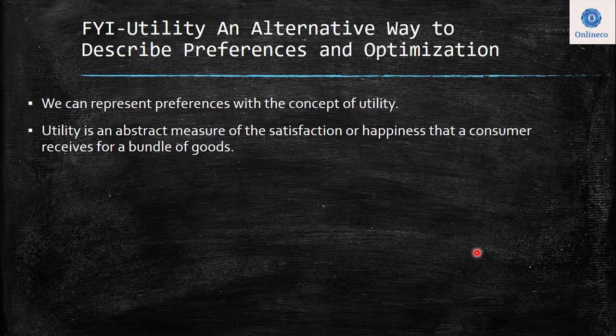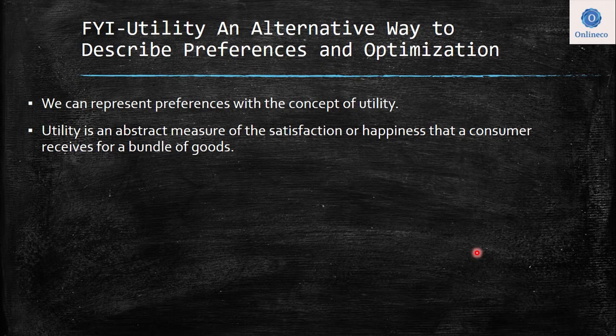Utility is something abstract. I cannot compare the utility that you have with the utility that I have when I'm drinking a Coke. We just say that one is more. For example, I like juices more than sodas, but maybe another person likes sodas more than juices. But we cannot say, okay, my utility is 5, and the other says, okay, my utility is 3.